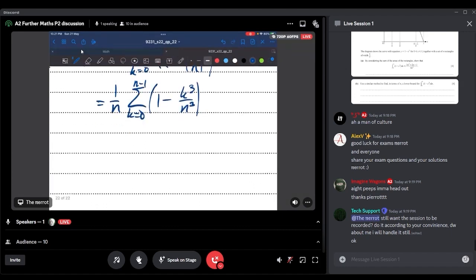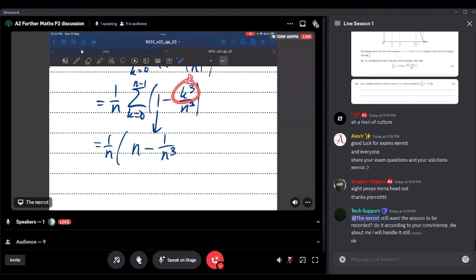We start from 0 up to n minus 1, so there are n terms. So this becomes 1 over n times n minus, well, I can factor out the 1 over n cubed outside here. So what's the sum of k cubed from 0 up to n minus 1? When k is 0, it's just 0, so you can think of it as starting from 1 up to n minus 1.